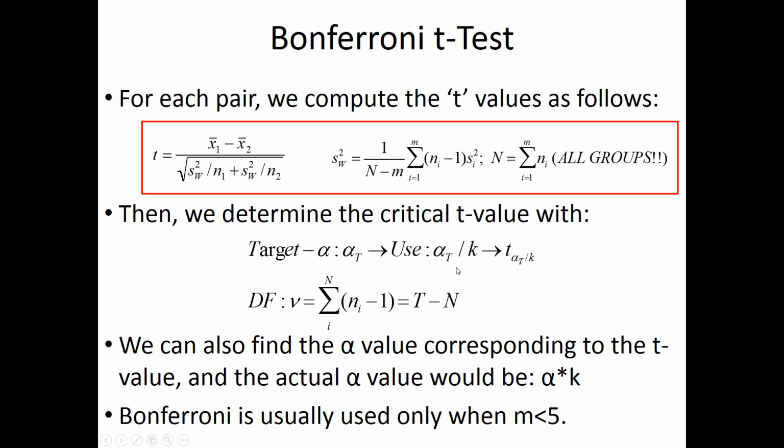So if our alpha value is typically 0.05, but we want to make 3 comparisons, then each of the pairwise t-tests will be compared to 0.05 divided by 3. If for the different groups we are given the mean and standard deviations, we can use the variance within and its corresponding degrees of freedom to calculate the t-values.